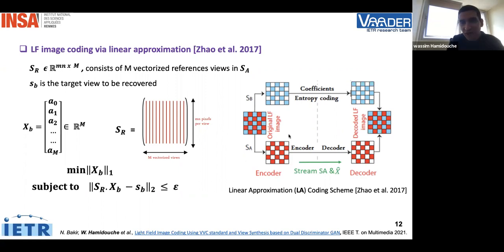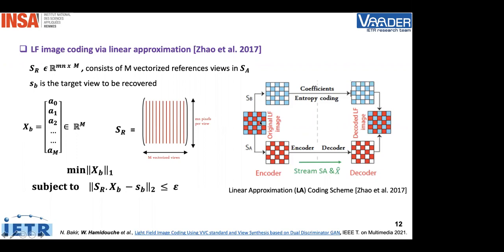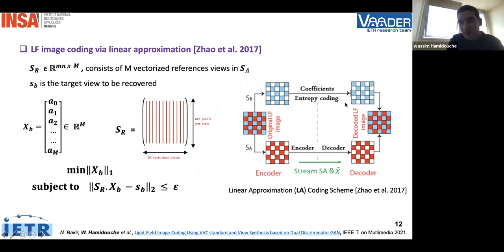The reference views are encoded with a 2D video encoder, for example HEVC, and transmitted to the decoder, which uses the same encoder to decode them. Then the blue views are not transmitted, but are predicted from the red views. And how are these blue views predicted at the decoder side? They are predicted using linear approximation.